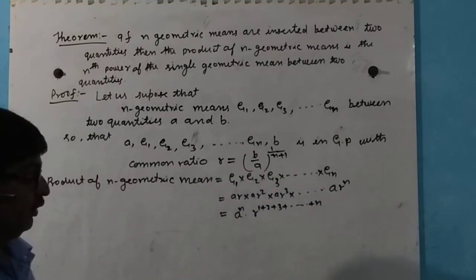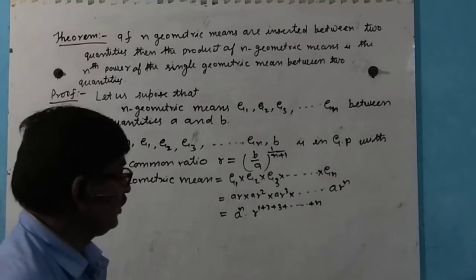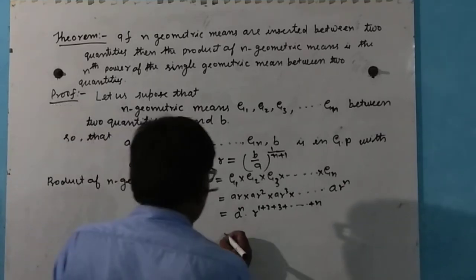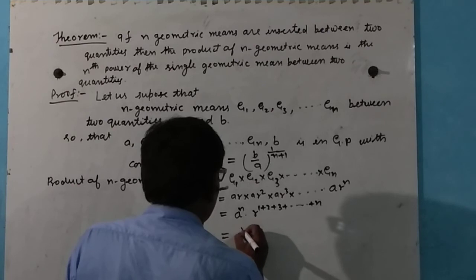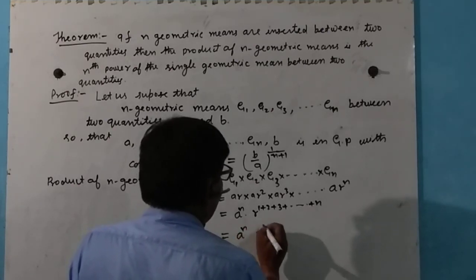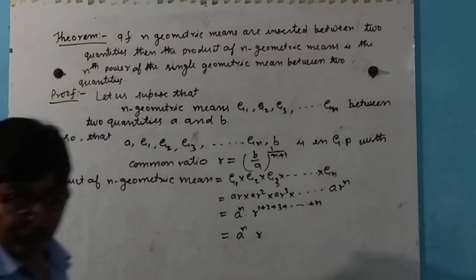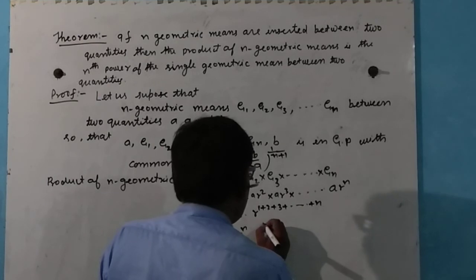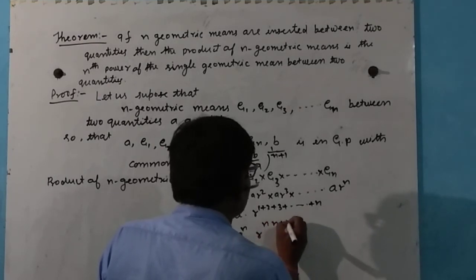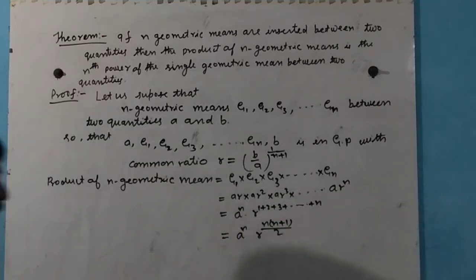This is a sum of n natural numbers, so it equals a to the power n into r to the power n(n+1)/2.